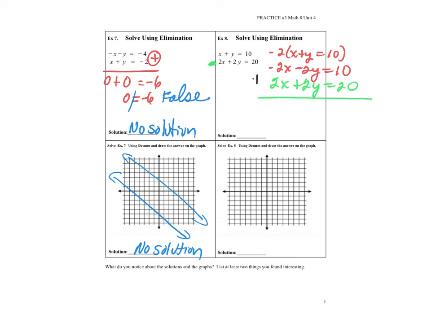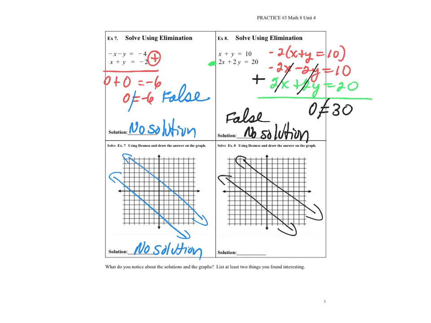And then we're going to add. This will wipe out. This will wipe out. So you'll have 0 equals 30, which is a false statement. 0 does not equal 30. So again, no solution. And these will also graph out to be parallel lines. So they do not intersect, so there's no solution.